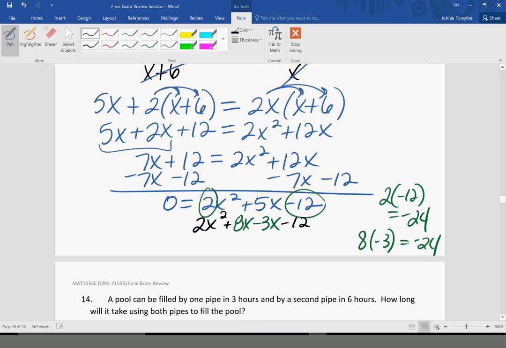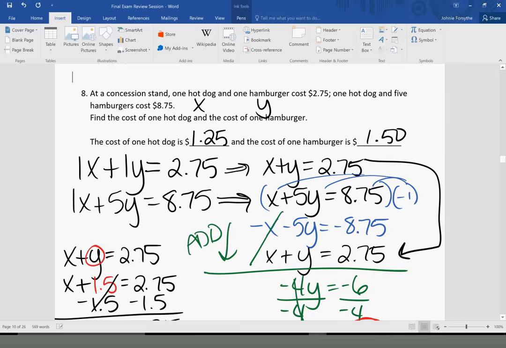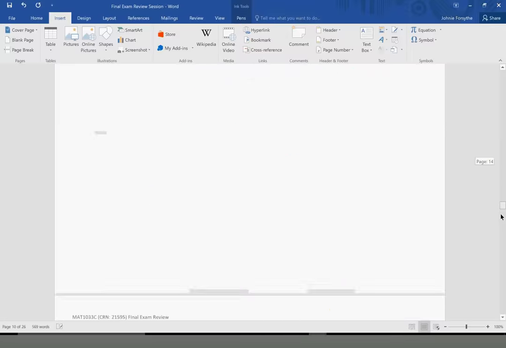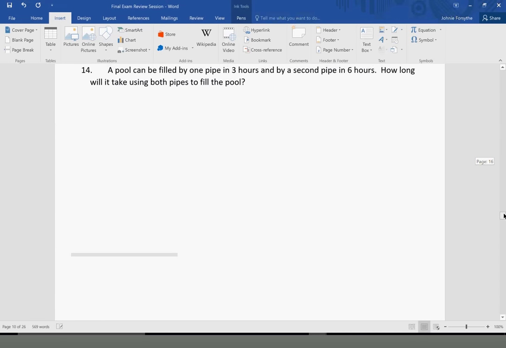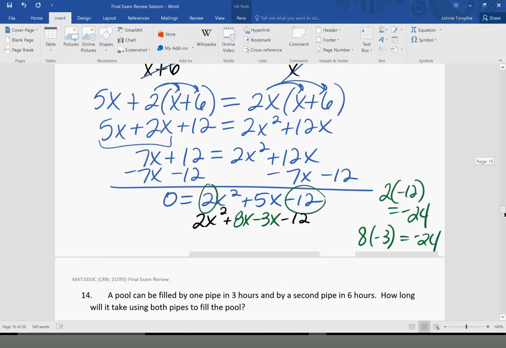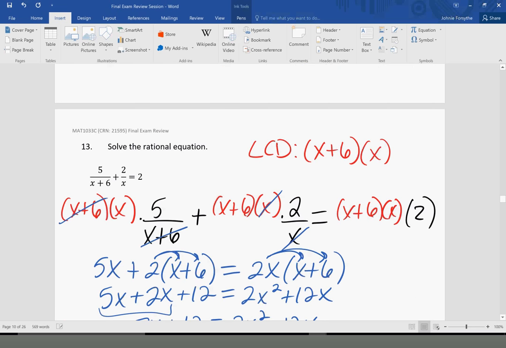Now I'm going to use factoring by grouping. I am going to need another page. Let's see here. Hopefully that page went where I want it to go. Nope. Hold on.